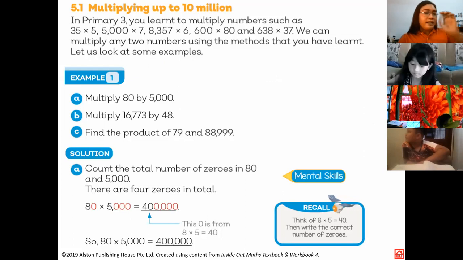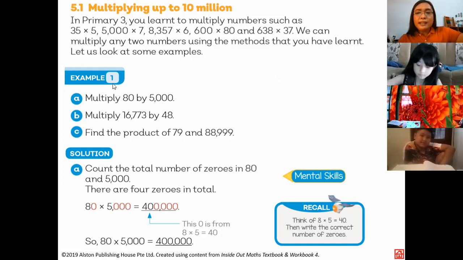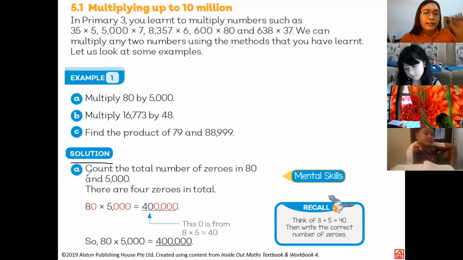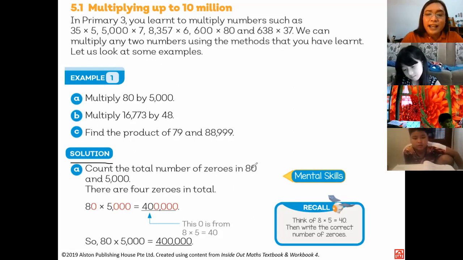Now let's continue, class. So again, example number 1, we have A, B, and C. Let's start with letter A. Here's the solution for letter A. Count the total number of zeros in 80 and 5,000. How many zeros in 80? One.